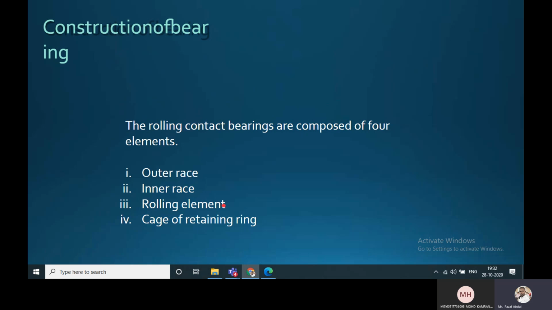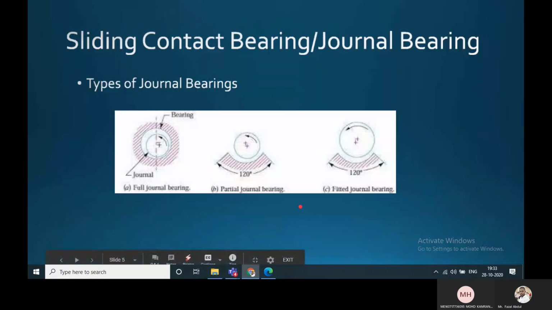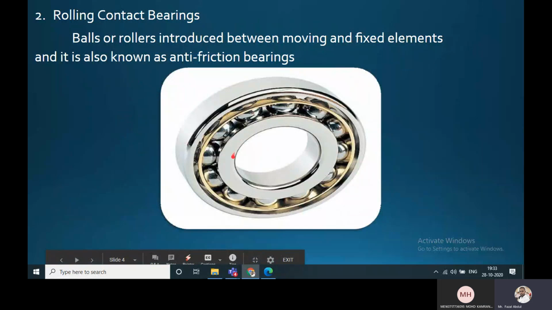Ball bearings you can see in fans. Roller bearings, we can find in the steering of the bus, the steering of the car. Where are the outer race and inner race? This one is known as the inner race. This one is known as the outer race.